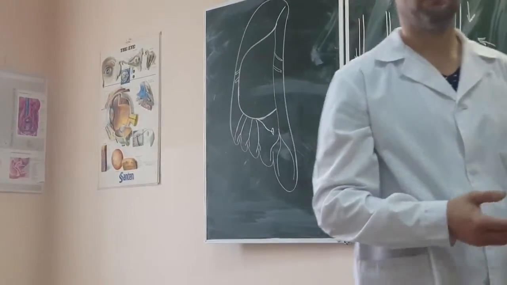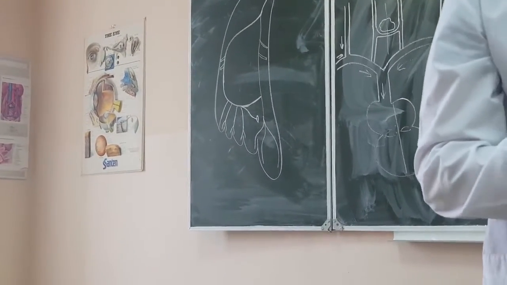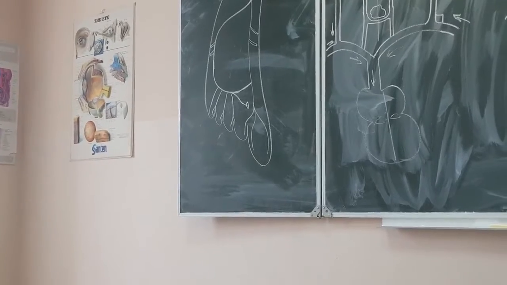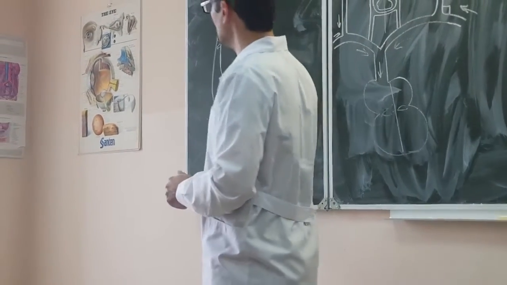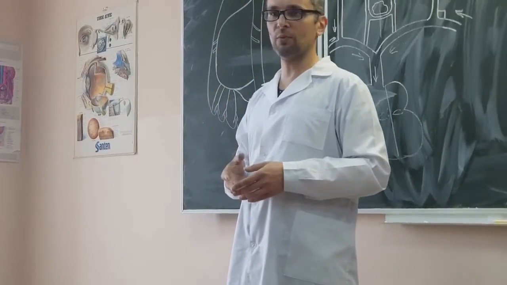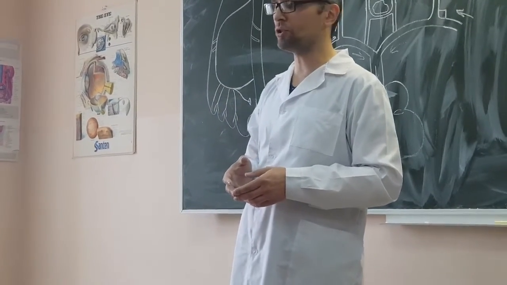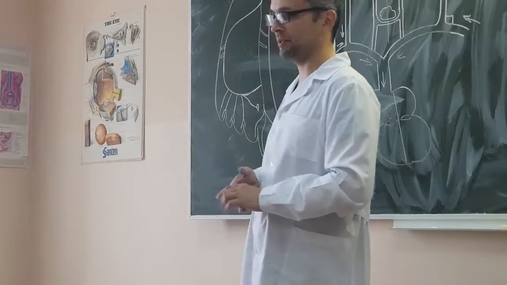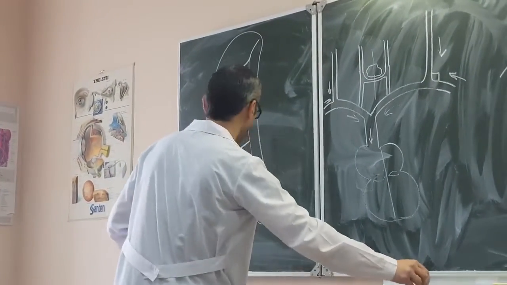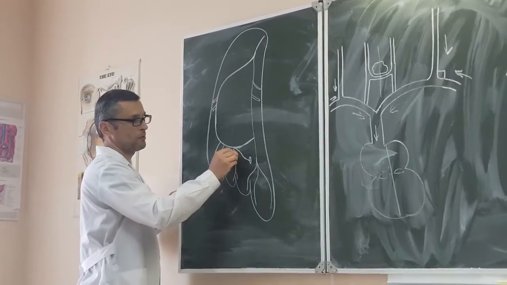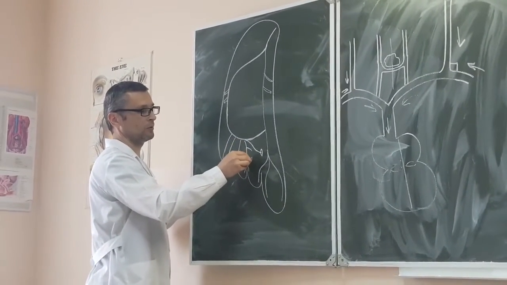So in the book it says something about common digital arteries and proper digital arteries. Common digital, and this, no. Here we have only one arc. That's why there are no common digital and proper digital arteries. Only these metatarsea plantaris arteries. And these metatarsea plantaris arteries give 1, 2 branches.